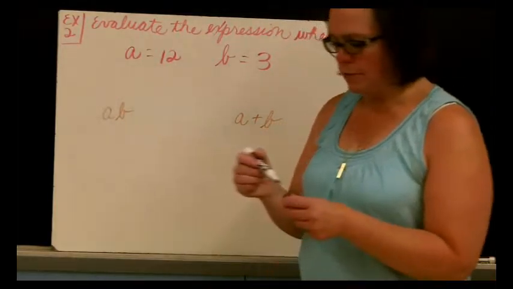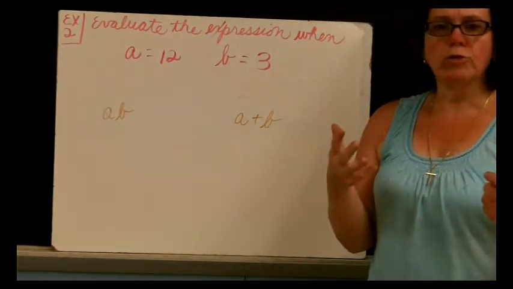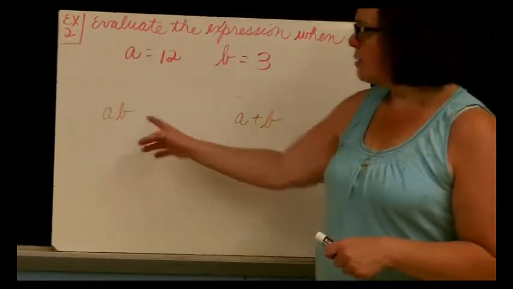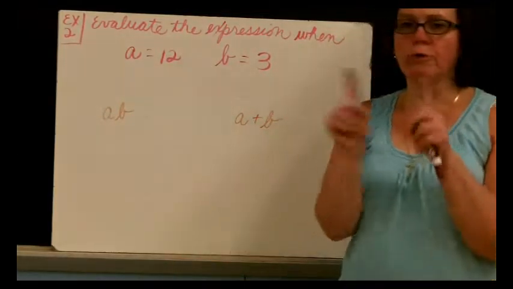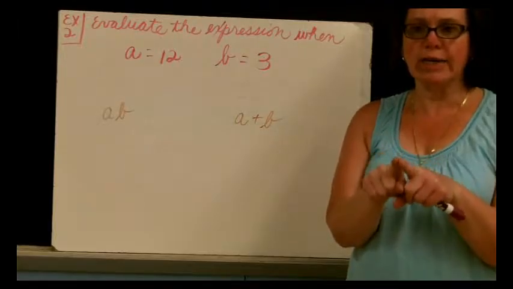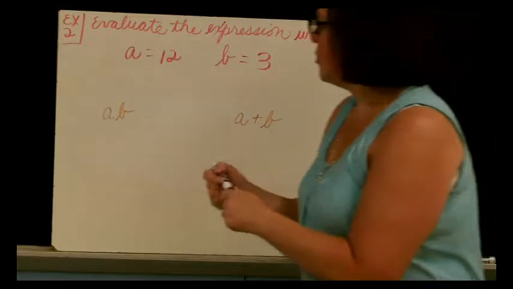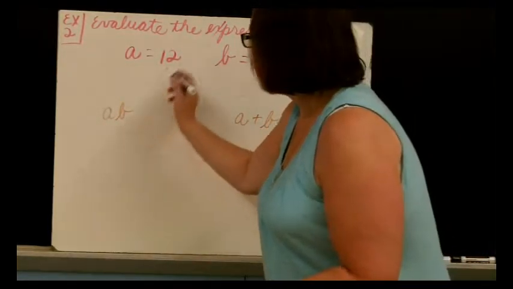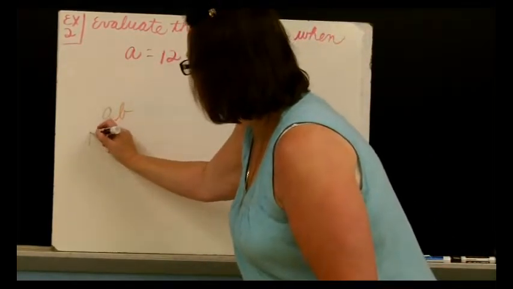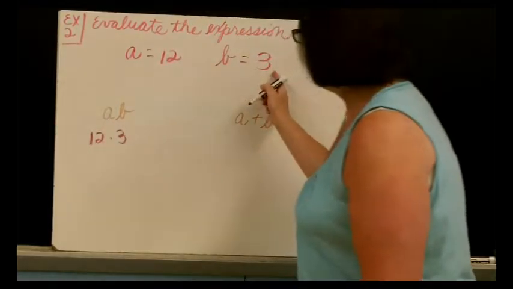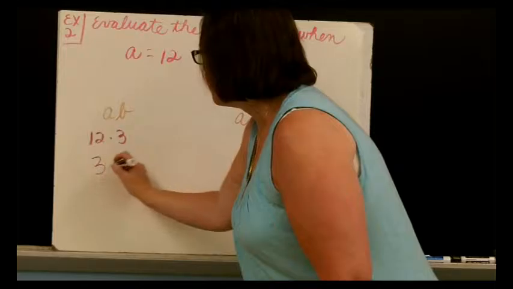When we have an a and a b, you notice that there is no operational symbol. It's implied. Whenever you see 2 variables that are touching, it means that they need to be multiplied. So we have a times b. What we have is 12 times 3, and 12 times 3 is 36.